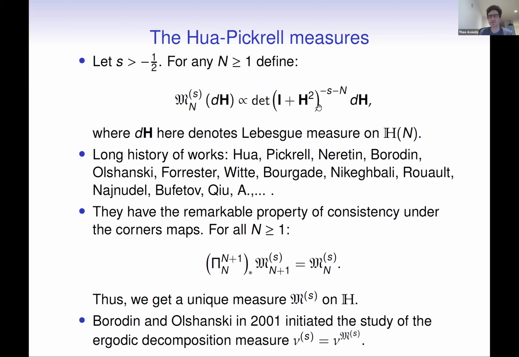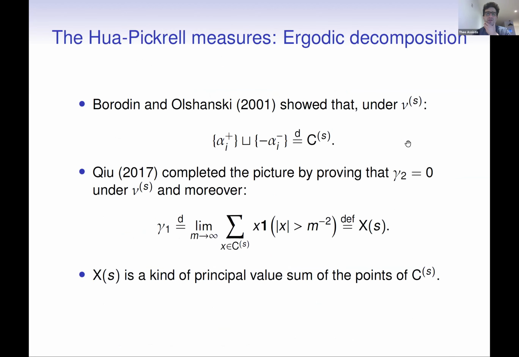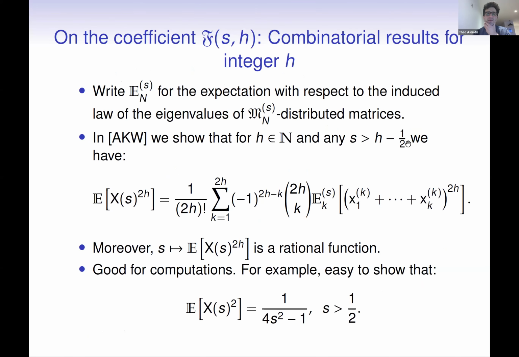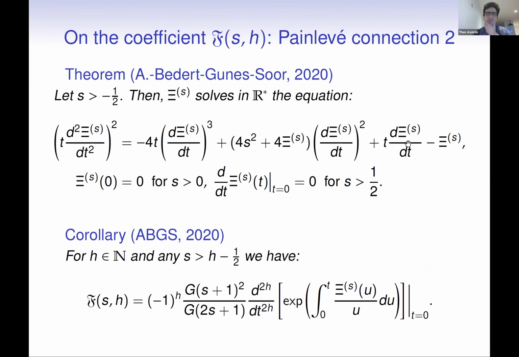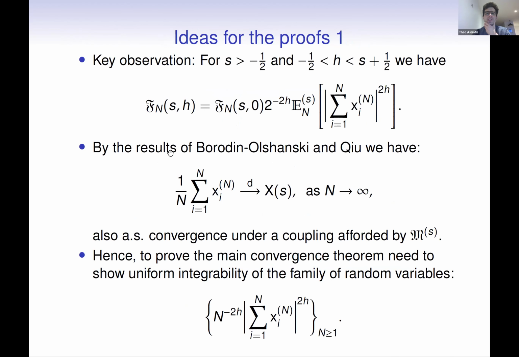So we have a one-dimensional weight, and then the Vandermonde determinant to the power beta. So this formula here will exist. You're going to have a beta here as well, and then you're going to have the beta ensemble Hua-Pickrell eigenvalues. So this exists as well.